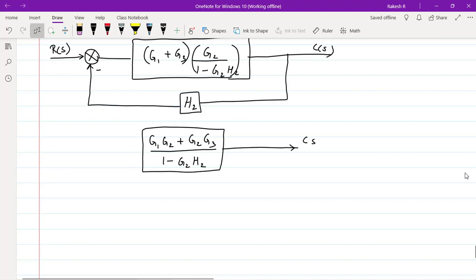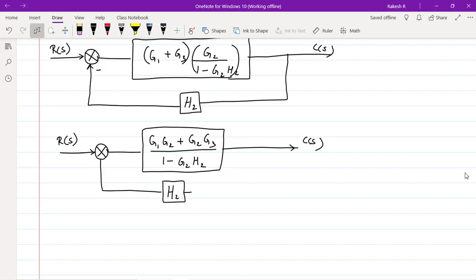Output here is C of S, input here is R of S with a summing point. And one more we have is the feedback, that is H2. We have the negative feedback here and here is positive.